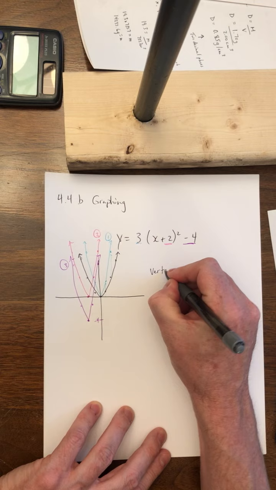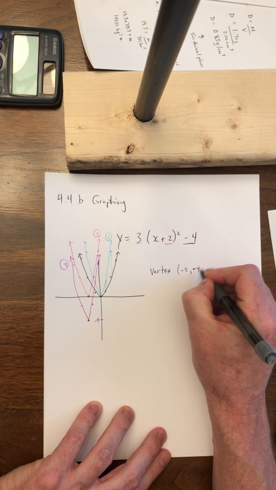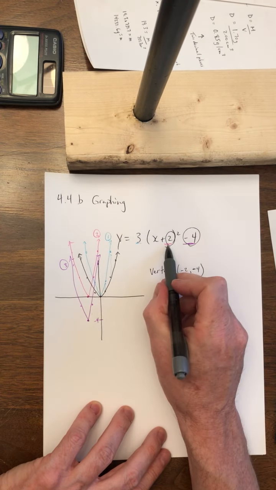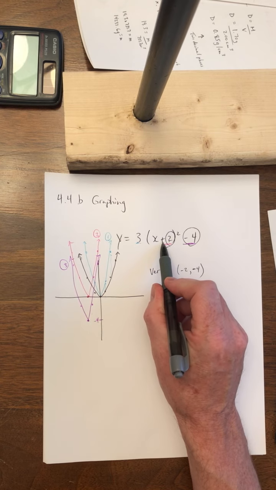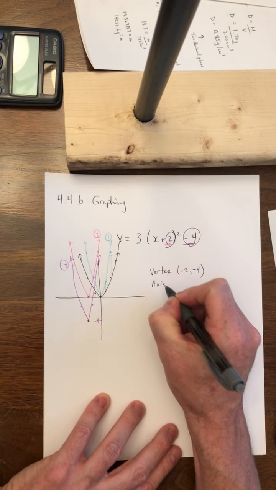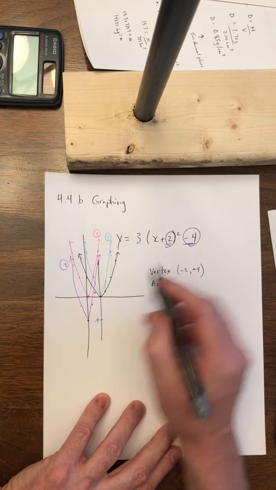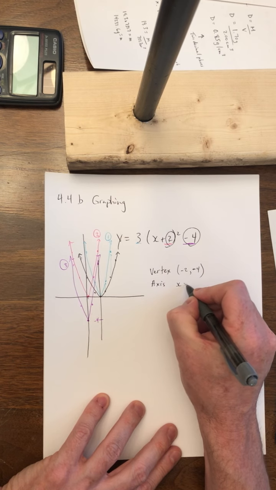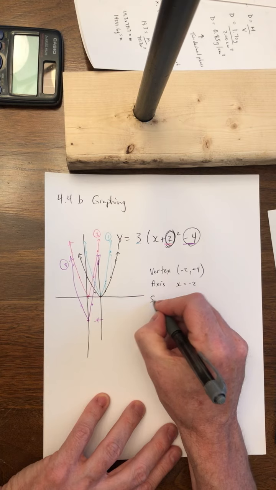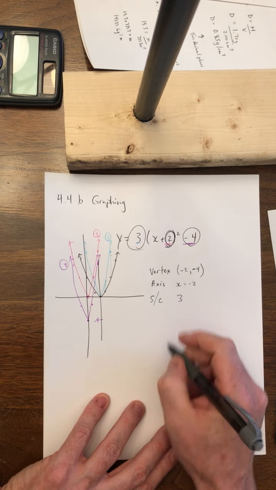Our vertex, as you can see here, is at negative 2, negative 4. Of course, we can take that right from here. Reminder once again, that is the opposite of the sign that you see. Our axis of symmetry, it runs right here, and it's crossing at negative 2. Once again, that is our h value. Our stretch or compression value, that is 3.